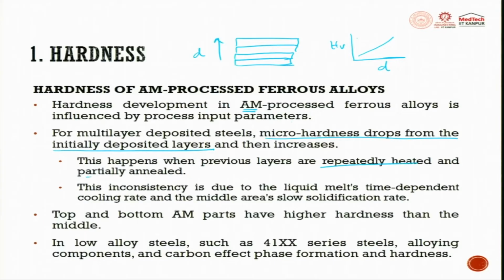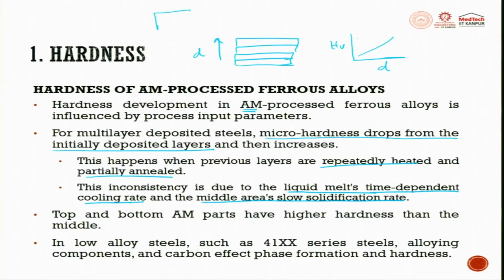Very important parameter: repeated heating and partial annealing happens when we do additive manufacturing. This inconsistency is due to the liquid metal's time dependent cooling rate and the middle area's slow solidification rate. Two important phenomena: one is the liquid metal time dependent cooling rate, the other is the middle layer slow solidification rate.